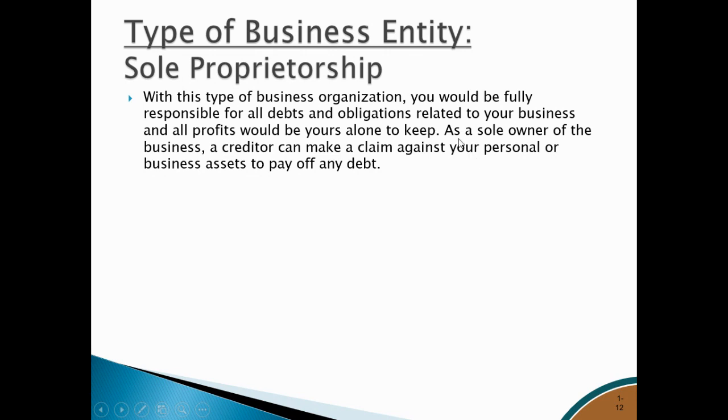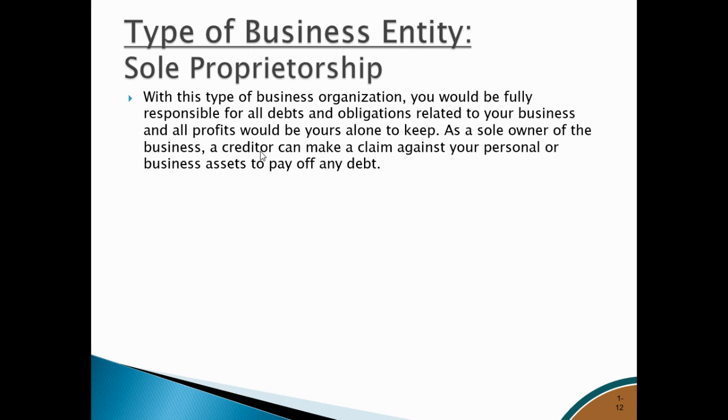As a sole owner of the business, a creditor can make a claim against your personal or business assets to pay off any debt. This is the important point: if you're a sole business owner and you have a bank loan and your company is declared bankrupt, you don't have any more funds to make the payment.